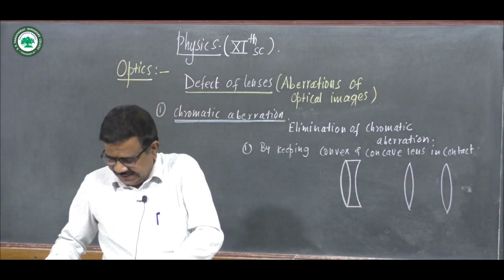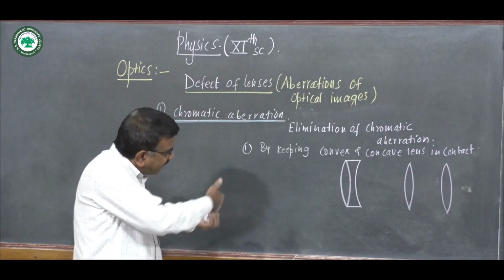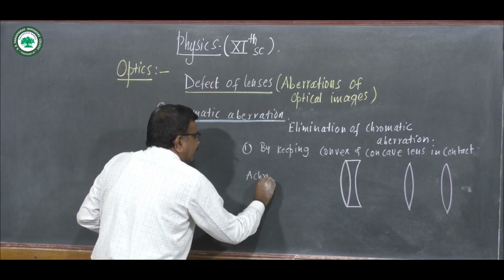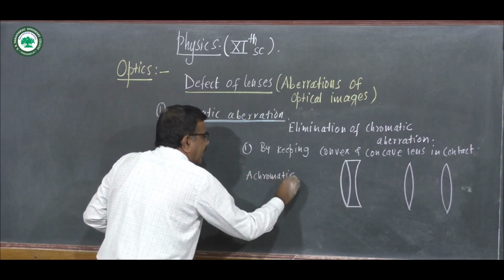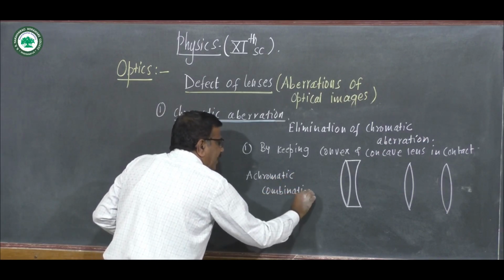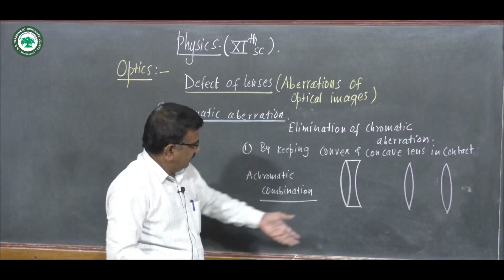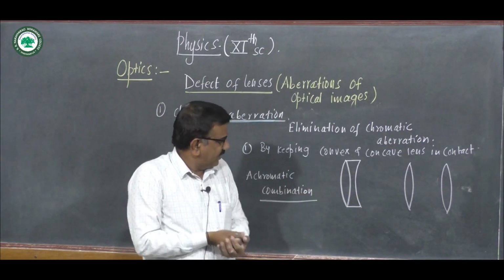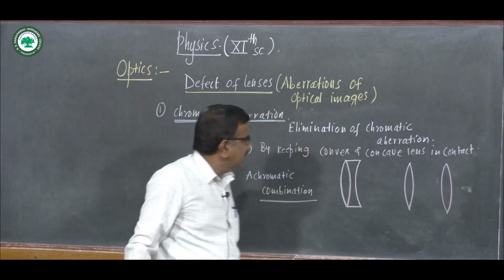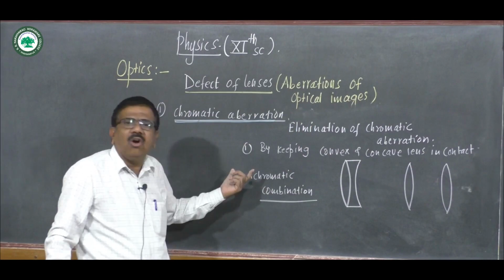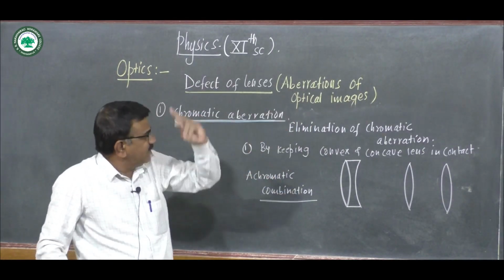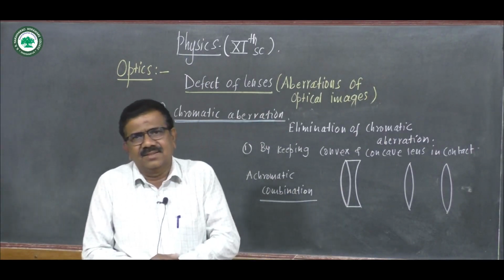Such a combination of lenses is called an achromatic combination. By using this achromatic combination, a convex lens and concave lens in contact, or 2 thin lenses separated by some distance, chromatic aberration can be minimized.